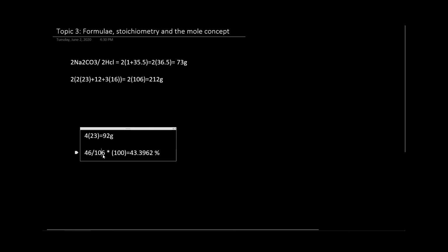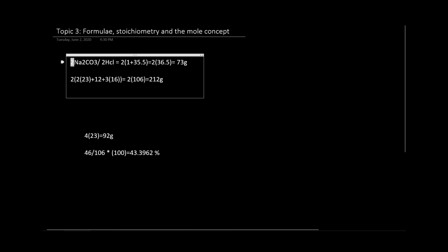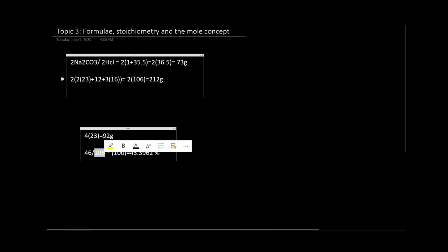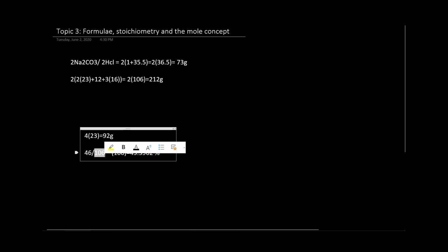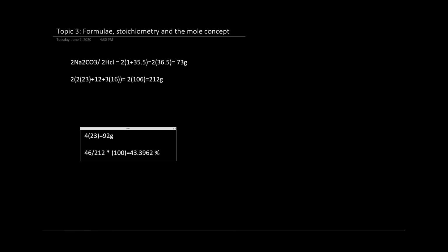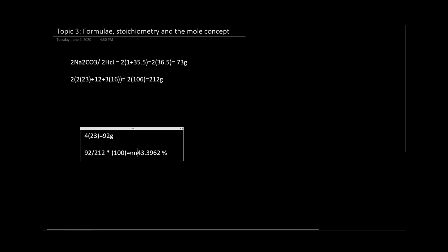This was the case when the mole of sodium carbonate was 1. But now the coefficient, or the mole, is 2. So you can't use 106 anymore. You need to use a new total mass, which is 212. So here we go. And here it'll be 92. I don't know what that turns out to be.